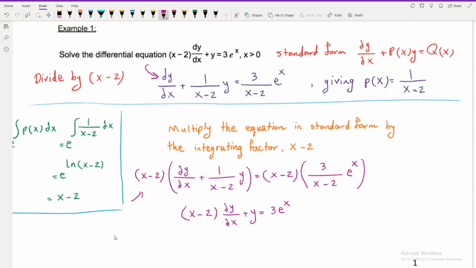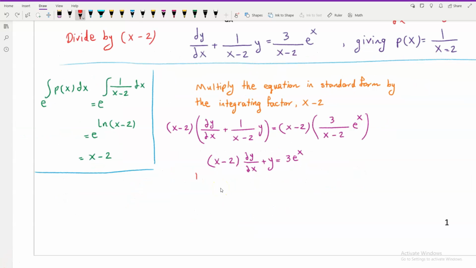Simplify: we have x minus 2 times dy over dx plus y. Here this part cancels after multiplying, so we have y here, and on the other side x minus 2 divided by x minus 2, so we have 3 times e power x.